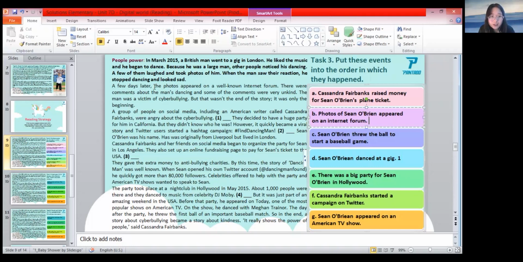Good. A few days later, the photos appeared on a well-known internet forum. That was number 2. Okay, what is the third event?